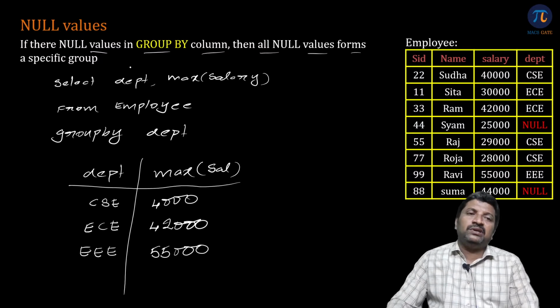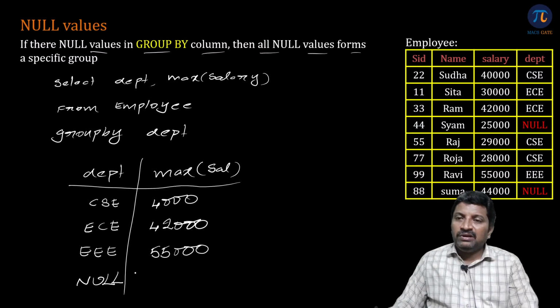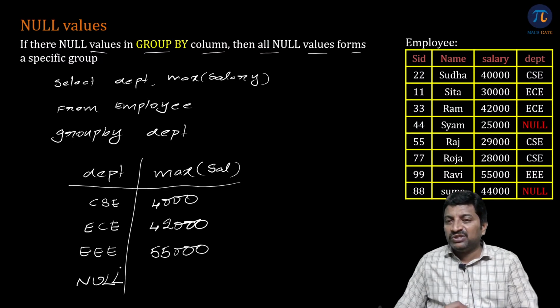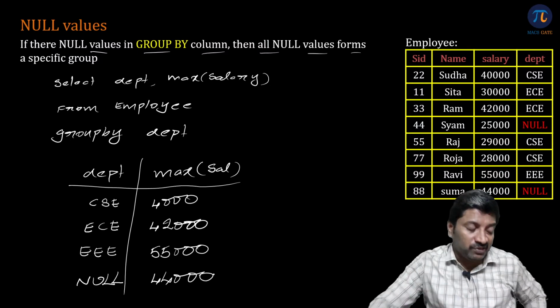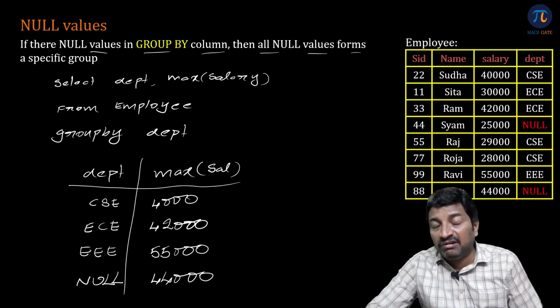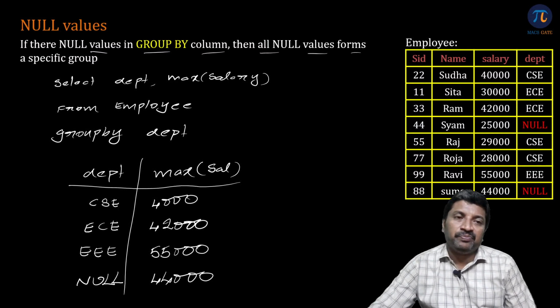And please observe: if there are null values, they will form a separate group. So here the department will be placed as null. For the records with null values in the department column, the maximum salary is 44,000. That is the meaning of it. So if there are null values in the group by column, the null values will be treated as a separate group.